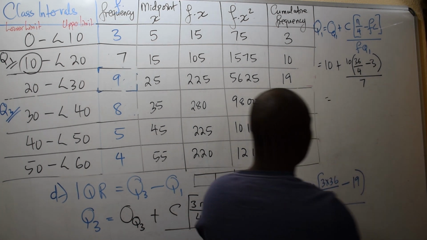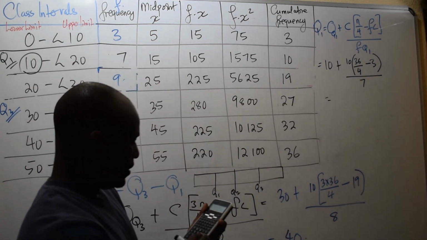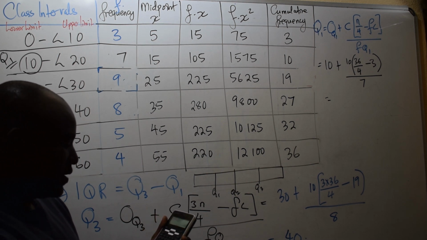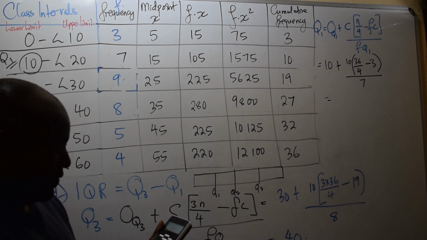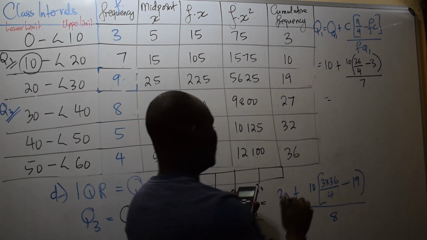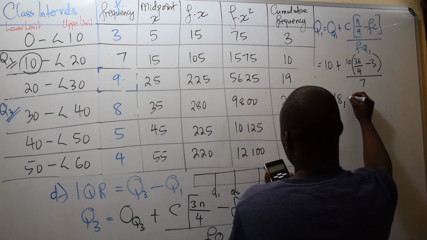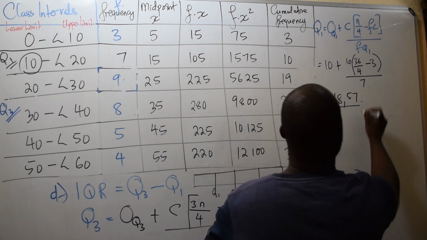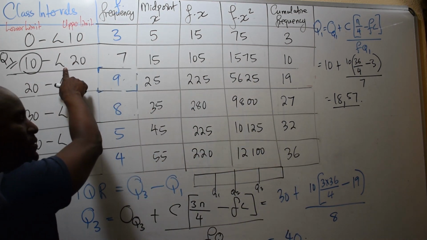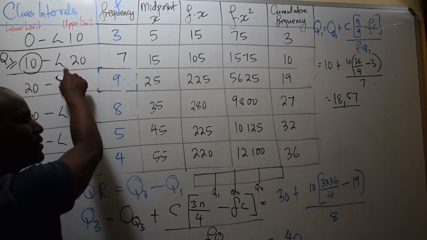So this is equals to 9 minus 3, multiplied by 10, divided by 7, plus 10. That would be 18.57. So is it falling within here? Yes, it is less than 20.